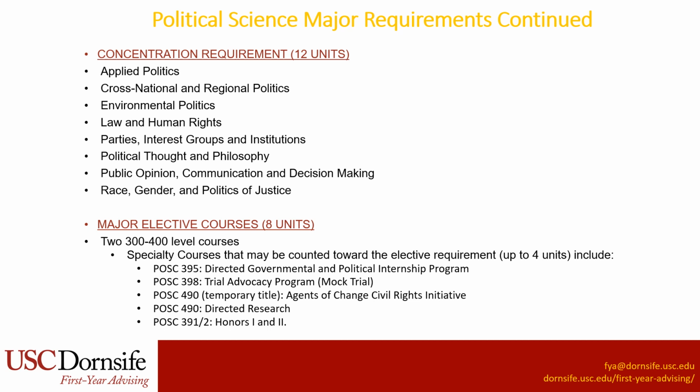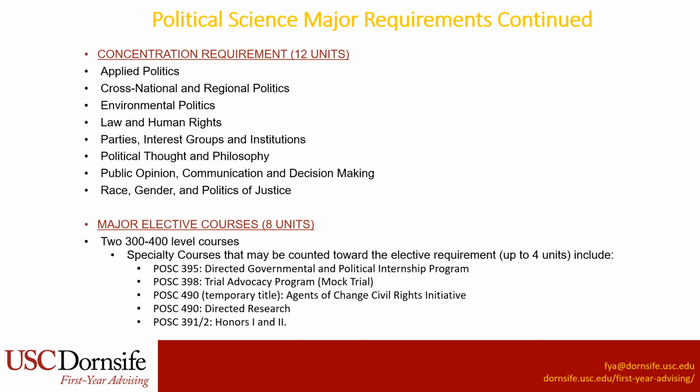Most political science majors will do so during their junior year, and the concentration requirement is 3 classes in essentially one of these areas that fit best with your interests and what you are hoping to learn while you are at USC. And then the final 8 units of the major will be your upper division electives requirements.